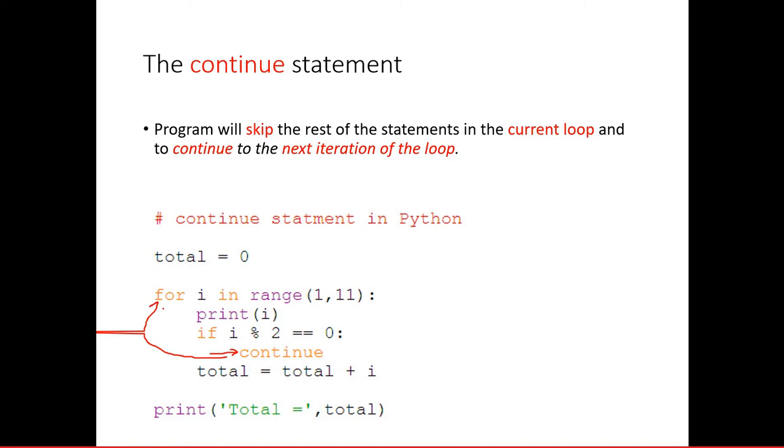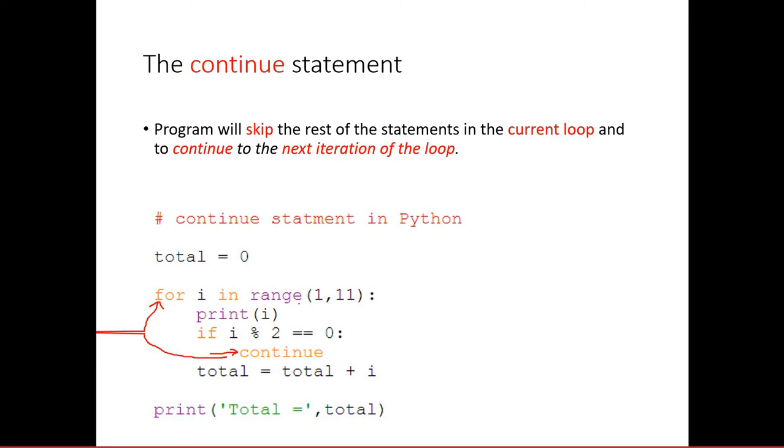So something like this. Let me say like this. In this particular case, we are going inside the loop, and whenever it meets continue, it will go to the next iteration.